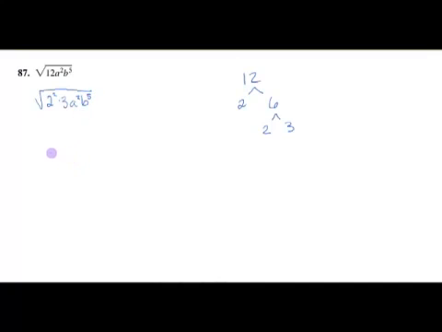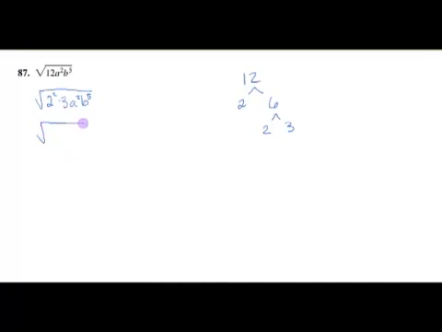Square root of 12a squared b to the 5th. Again, let's come over here and find the prime factorization of 12. That gives me the square root of 2 squared times 3a squared b to the 5th.